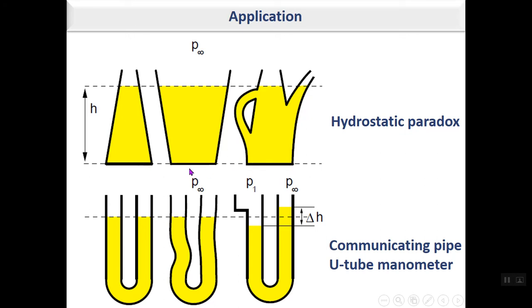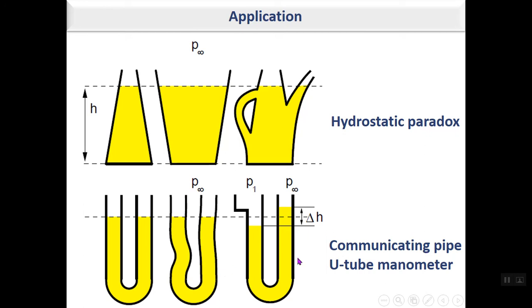For which one is the pressure at the bottom higher? H is the same for all, but here the mass of liquid is less, here it is more, and here it's something in between. Yes, the pressure is the same at the bottom of the tanks. This is named the hydrostatic paradox.